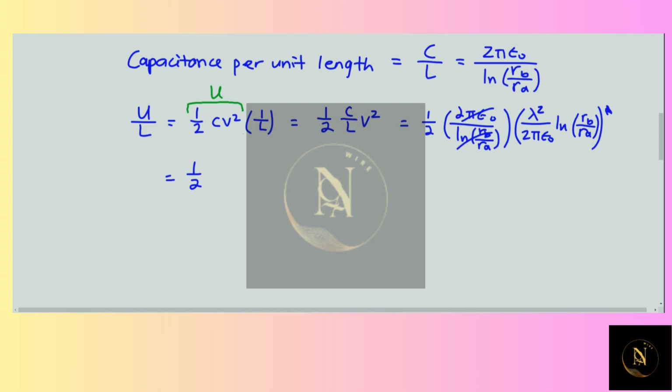So you have lambda square over 4 pi epsilon naught natural log RB divided by RA.